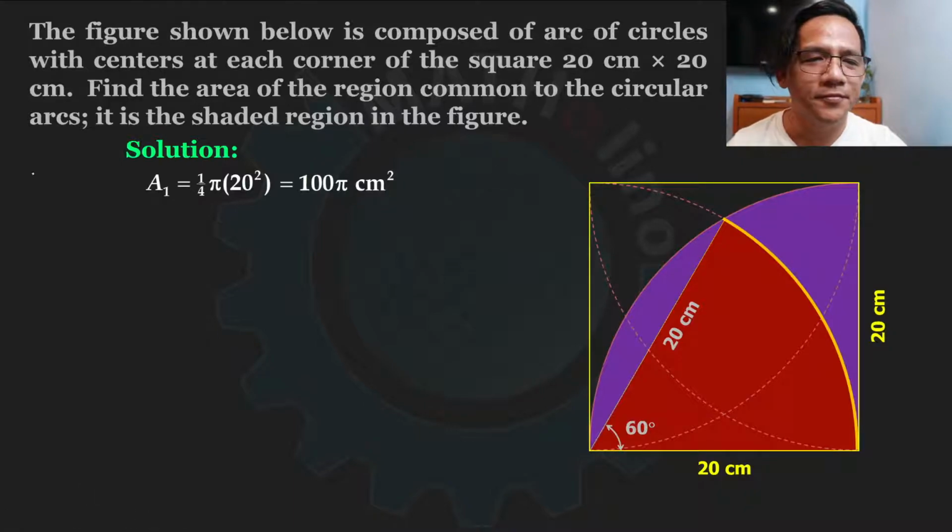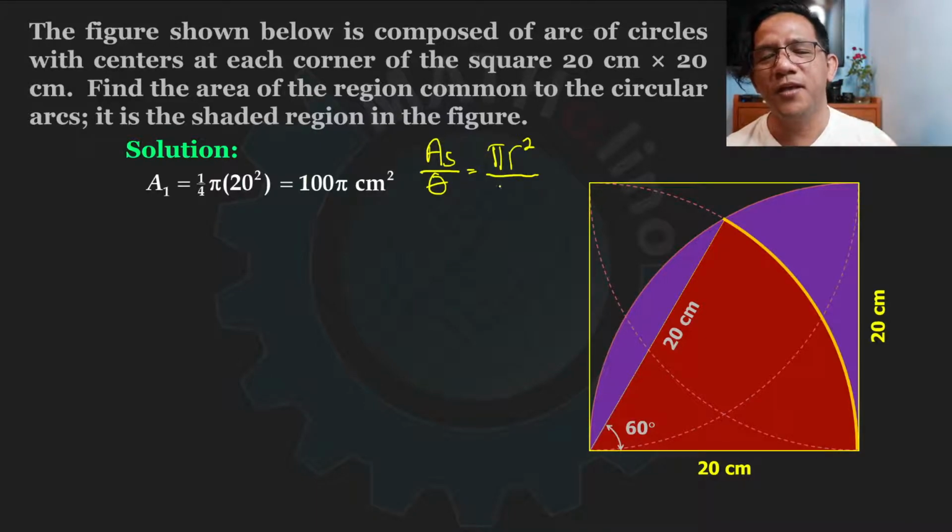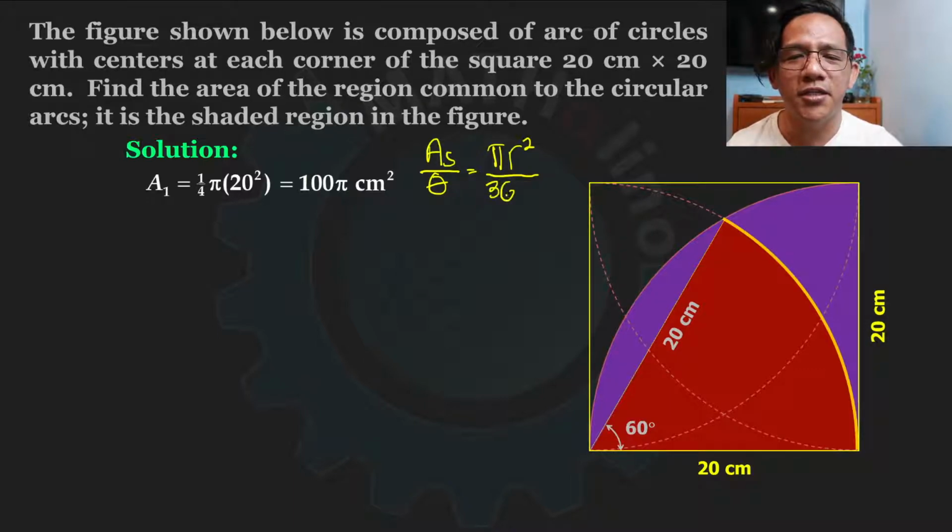We have the area of the sector as to central angle is equal to the area of the whole circle as to the central angle of the whole circle. For the central angle of the whole circle, you can use 2 pi if theta is in radians. But our theta is in degrees, so we are going to use 360 degrees.